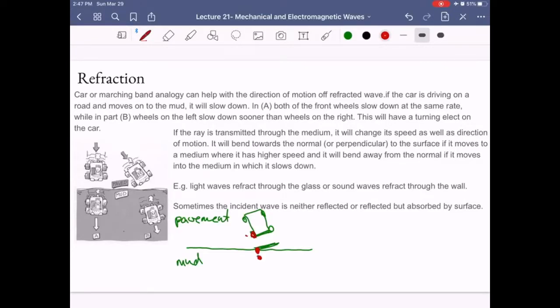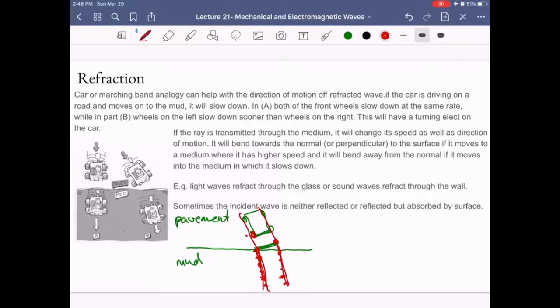So when this left wheel has traveled a tiny bit of distance, the other wheel has traveled a bigger distance, from here to here. And this turns the car as well. Then when both of the wheels are inside the mud, they carry on at the same slow rate. But you can see the car has turned a bit. It was going that way, and now it's going this way.